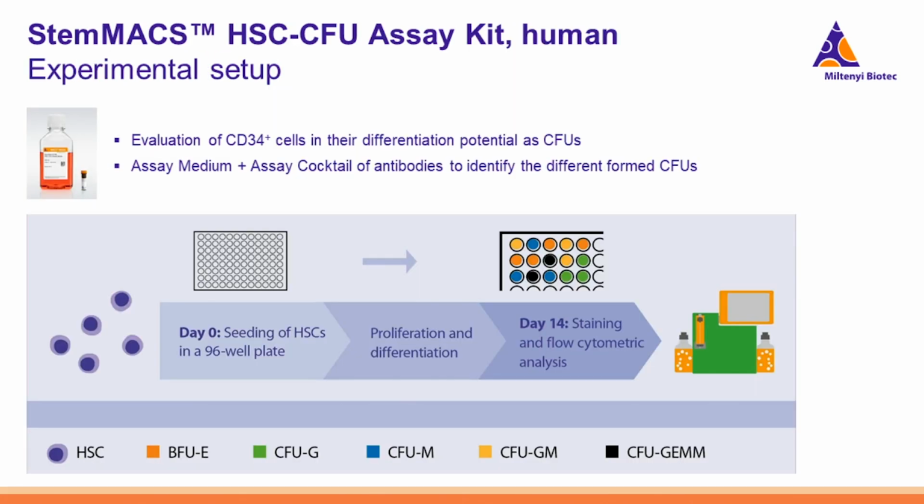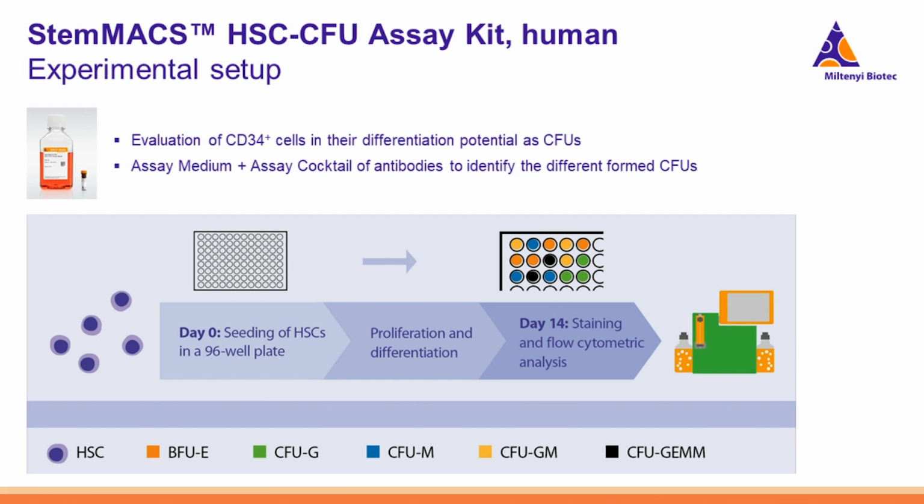So how does the experimental setup look for the StemMax HSC CFU assay kit? First, the cells are diluted in StemMax HSC CFU assay media and then plated in a round bottom 96 well plate. The StemMax HSC CFU assay media is supplemented with growth factors as the conventional media, which drive the differentiation into the myeloid lineage, resulting in colony formation.